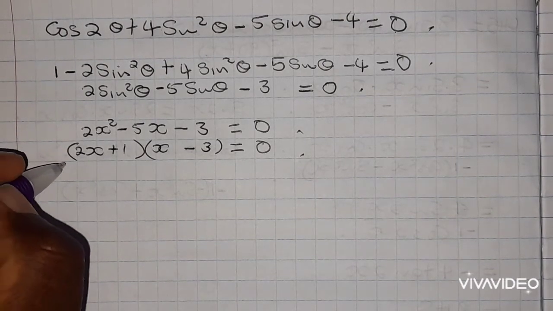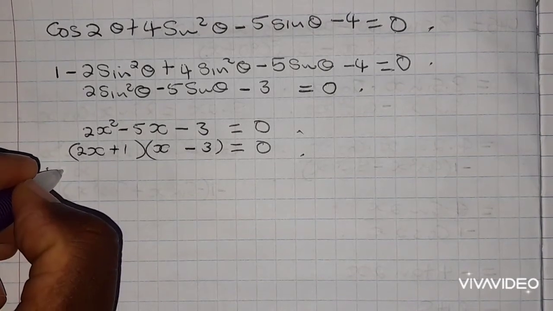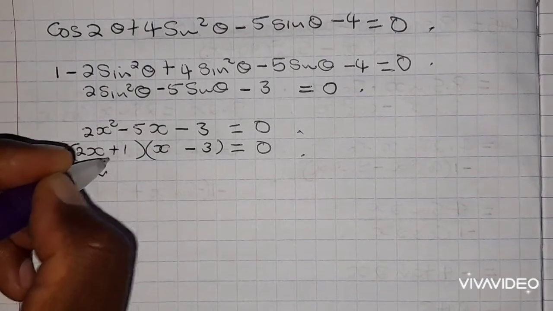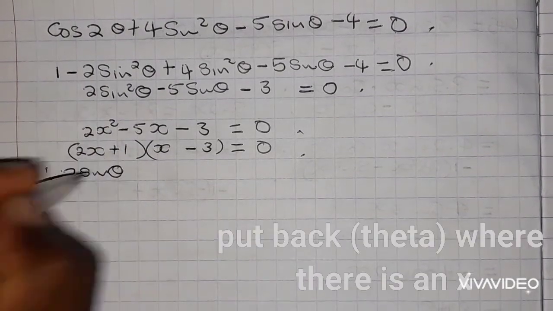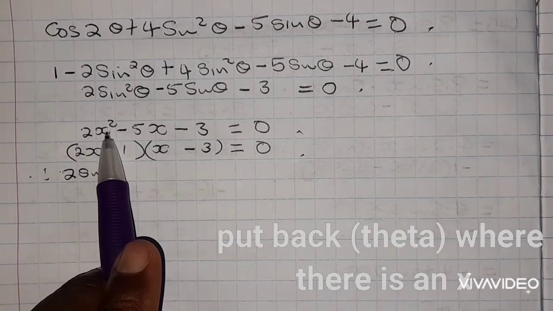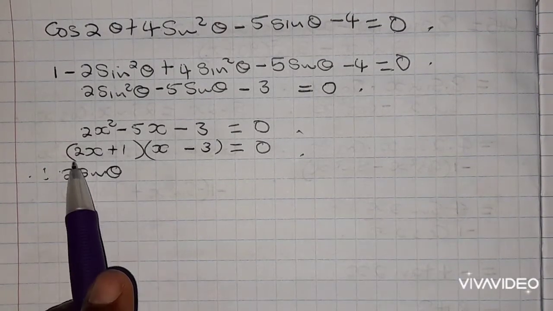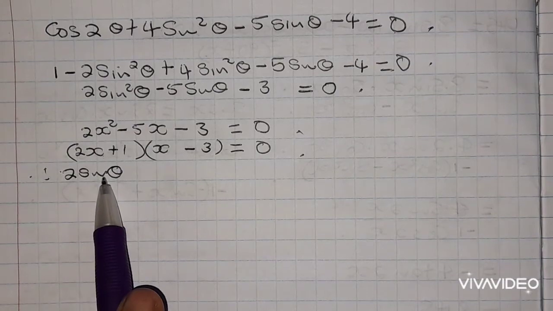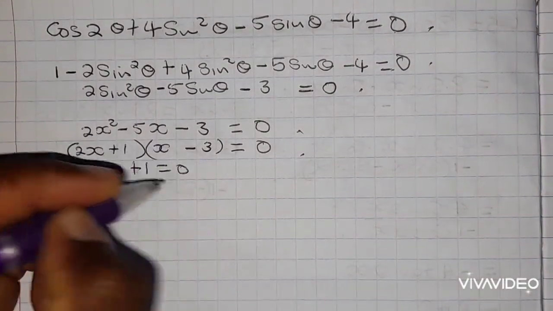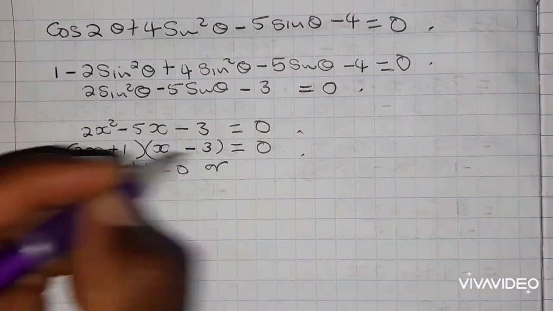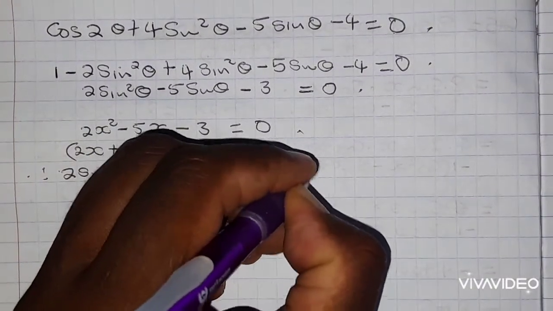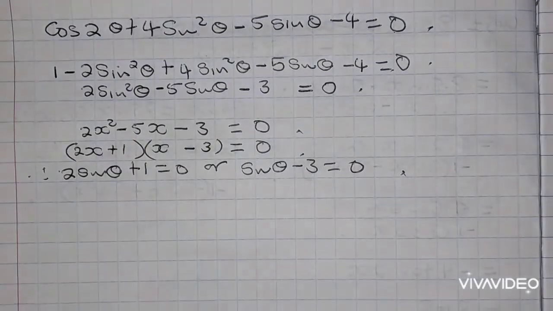Therefore 2 sine theta. Remember, sine theta, we replaced it with an x, right? So here 2x, we can write it as 2 sine theta plus 1 is equal to 0, or sine theta minus 3 is equal to 0.